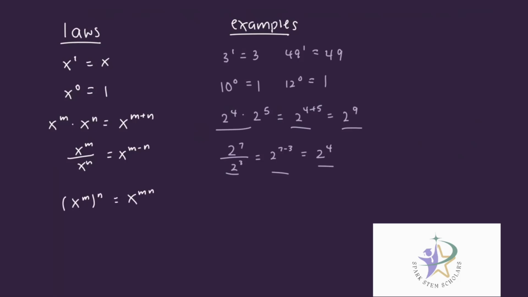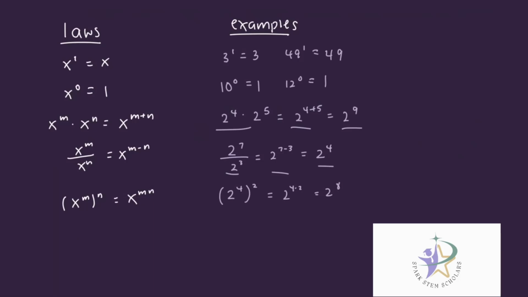Let's take a look at an example. Let's take 2 to the 4th in parentheses and everything to the second power. This would be equivalent to 2 to the 4 times 2, which is 2 to the 8th.